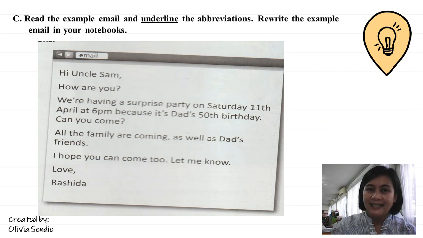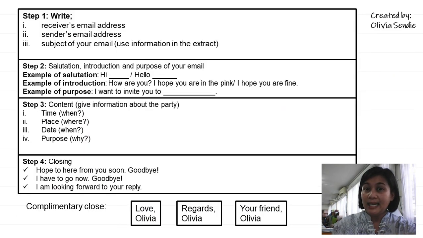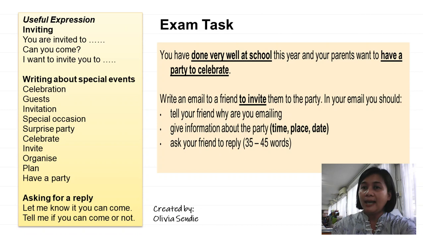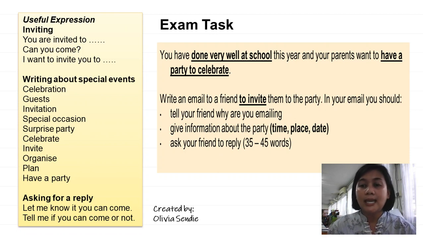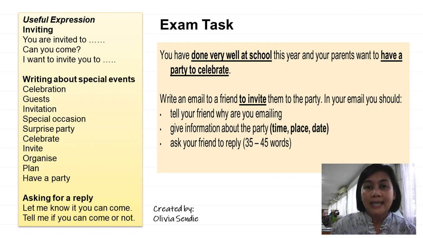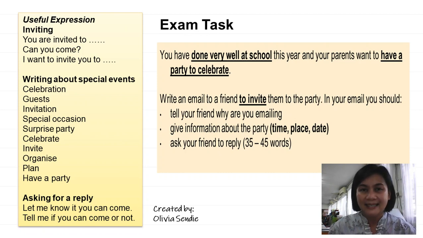See? But that's a 50th birthday party. This is to invite your friend because you are doing well at school. So I'm going to ask you to scribble a bit of note. Now, when you see the word celebrate, you can change it to celebration party.